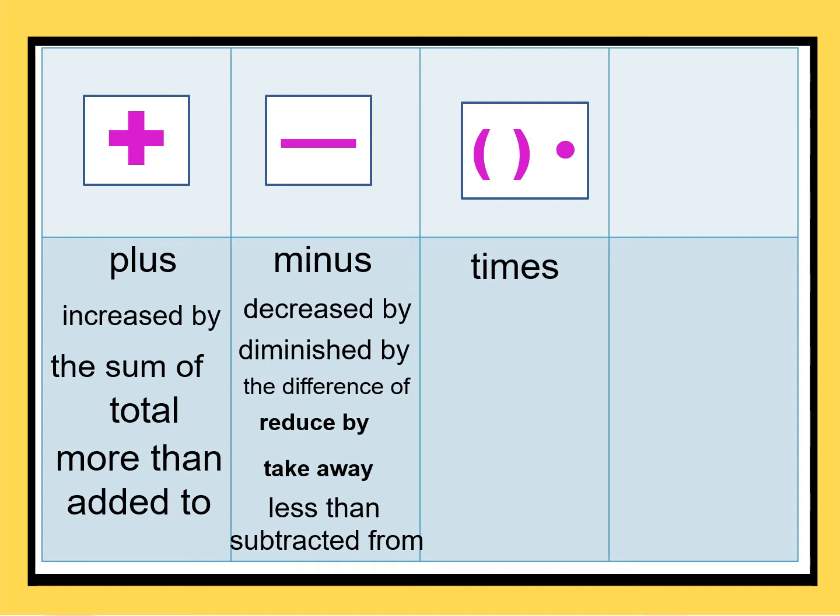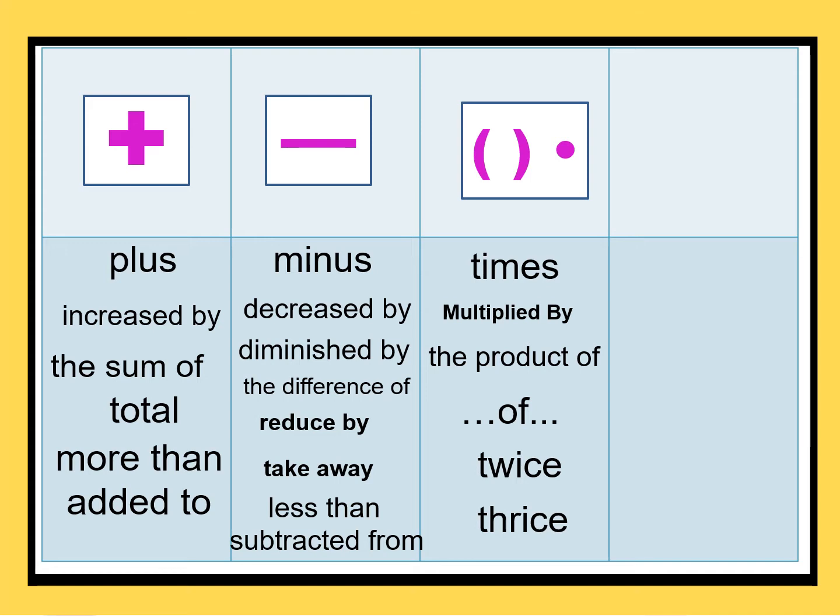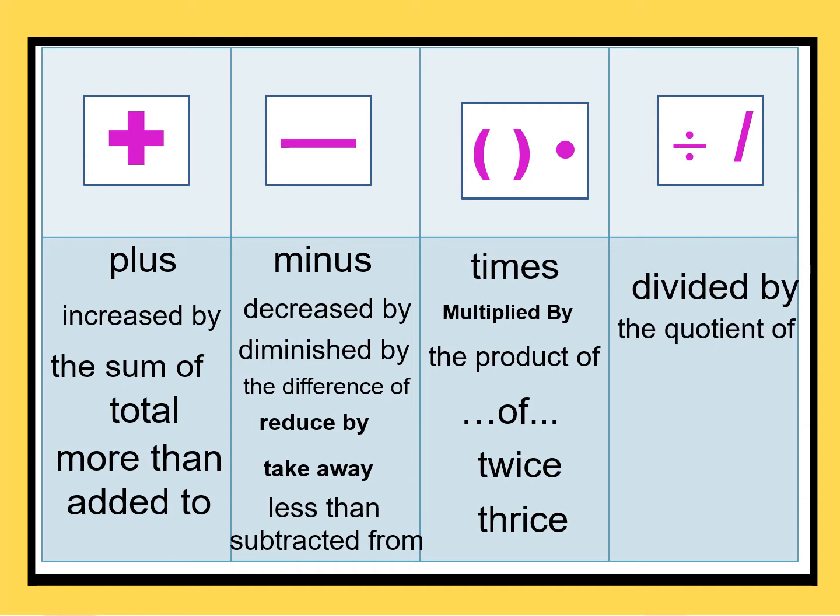Times, multiplied by, the product of, twice, and thrice. And for division, these are the keywords: divided by, the quotient of, the ratio of. So marami pang ibang keywords pero ito usually yung mga nasa problem solving sa algebra.